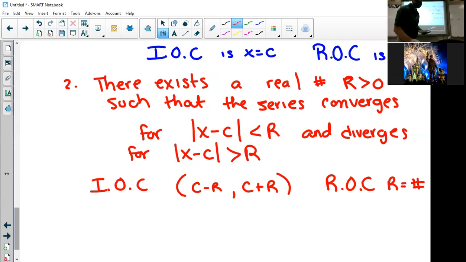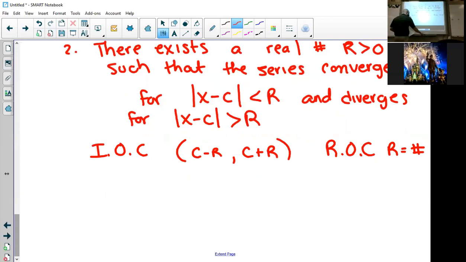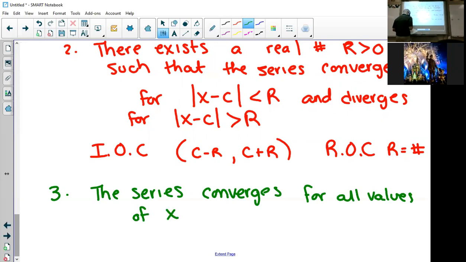And our third scenario, all right, the other option is the series converges for all values of x.